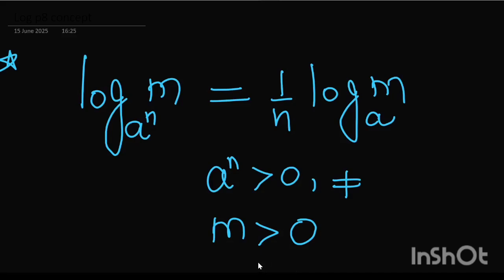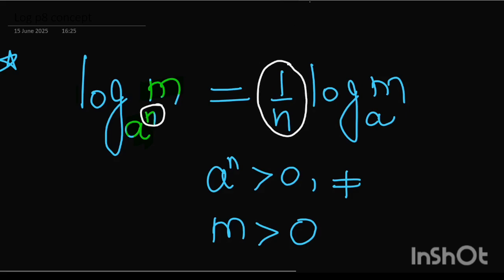So the next property is log m to the base a to the power n. Here, with the base a to the power n, the power comes down in the denominator, or we can say that 1 by whatever the power is in the base, the reciprocal of that would be multiplied to the log.